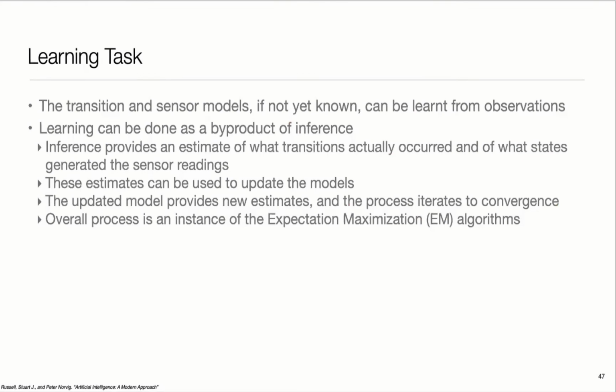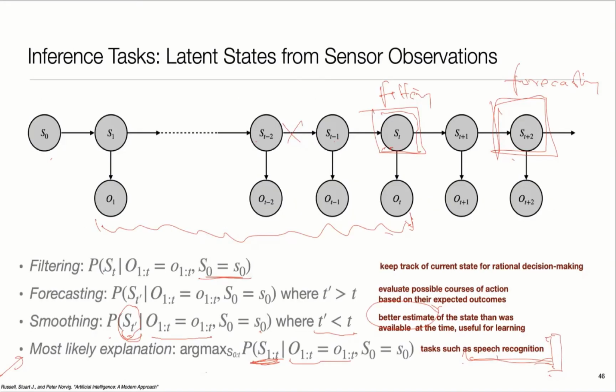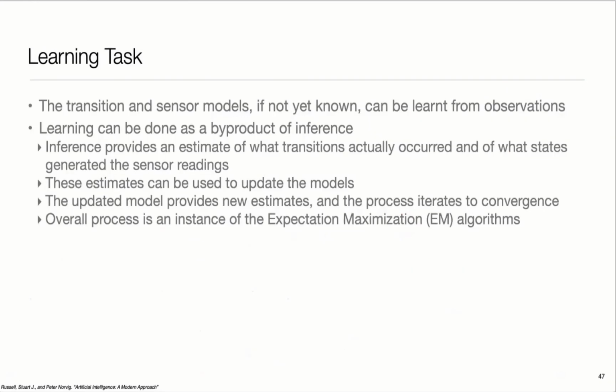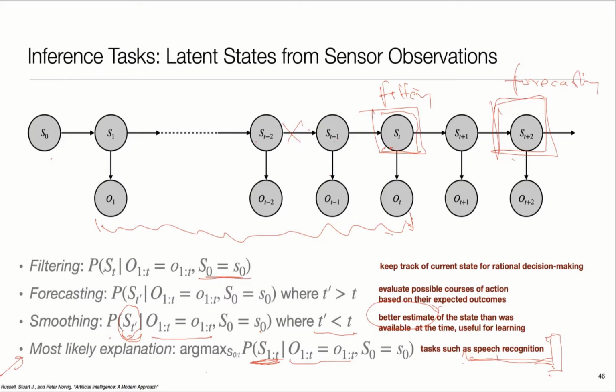Now of course we need to learn the probability distributions corresponding to each one of these edges, that is the transition model and the sensor model, and they can be learned from the observations. A couple of ways: one is you have some data with ground truth, lots of traces where you are given the state and you know the observation, and then you can do it from that.